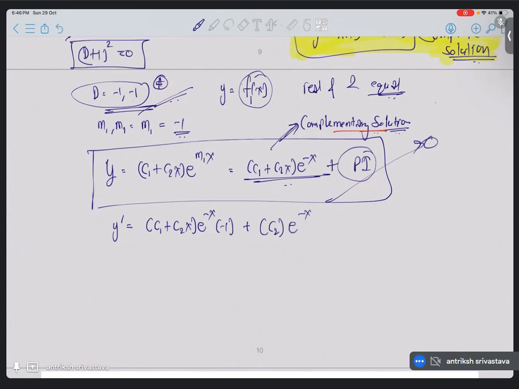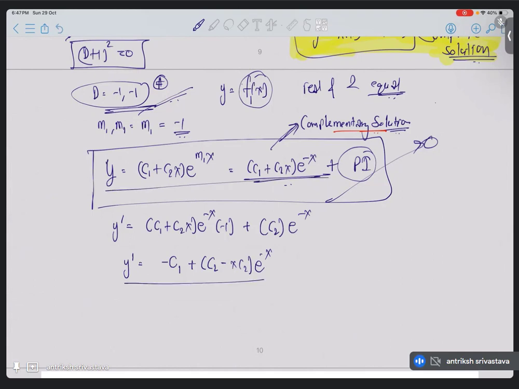So y dash will be minus C1 plus C2 minus x C2 e power minus x. And y we have already written.